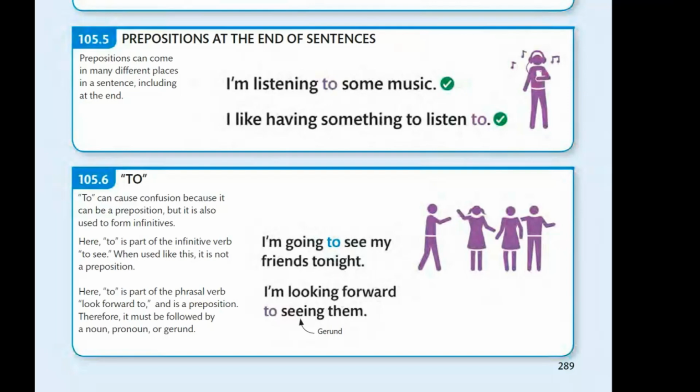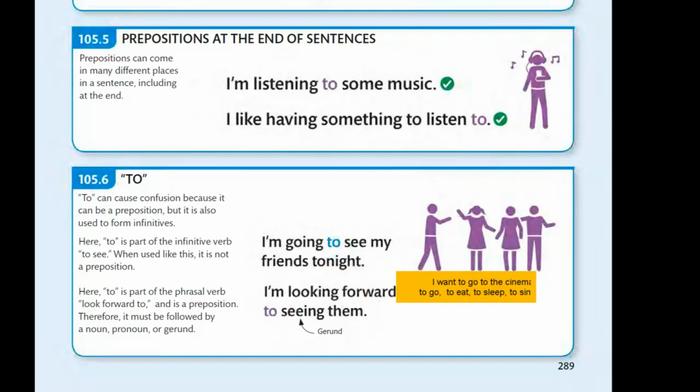It's the same thing as saying I want to go to the cinema. So to go, to eat, we call them infinitives. To sleep, to sing. We call them what? Infinitives.